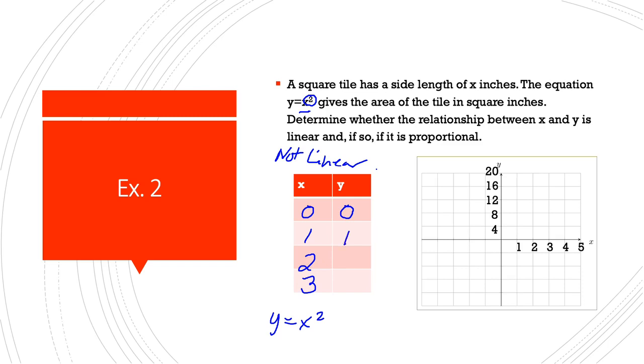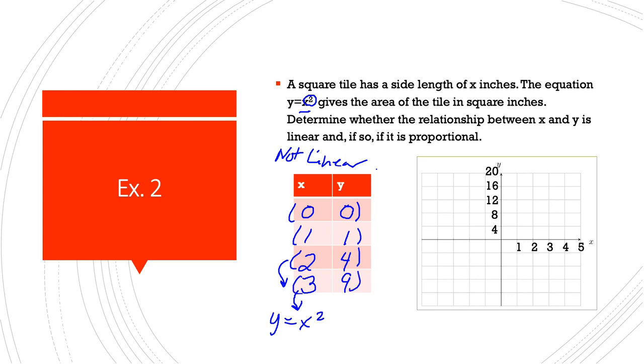How about if I plug in 2 for x? Okay, y equals 2 squared, or 2 times 2, which gives us 4. And then y equals 3 squared is 9. We're going to plug in each of our coordinates on the graph and see what we get.